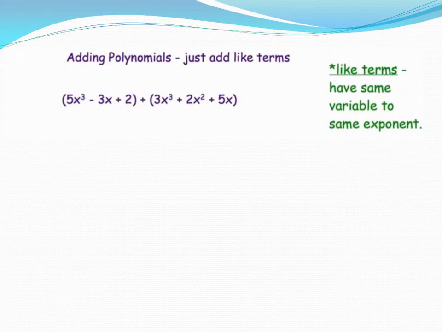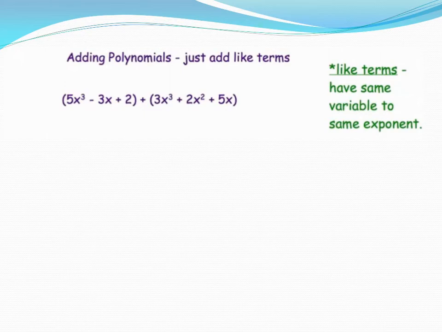All we're going to do is combine like terms and simplify. To remember, what is a like term? Like terms have the same variables. That means x and x, y and y, z and z, m and m, w and w, as well as the same exponent. So x squared and x squared, x to the third and x to the third. So in order to combine them, you need the same variable, same exponent.